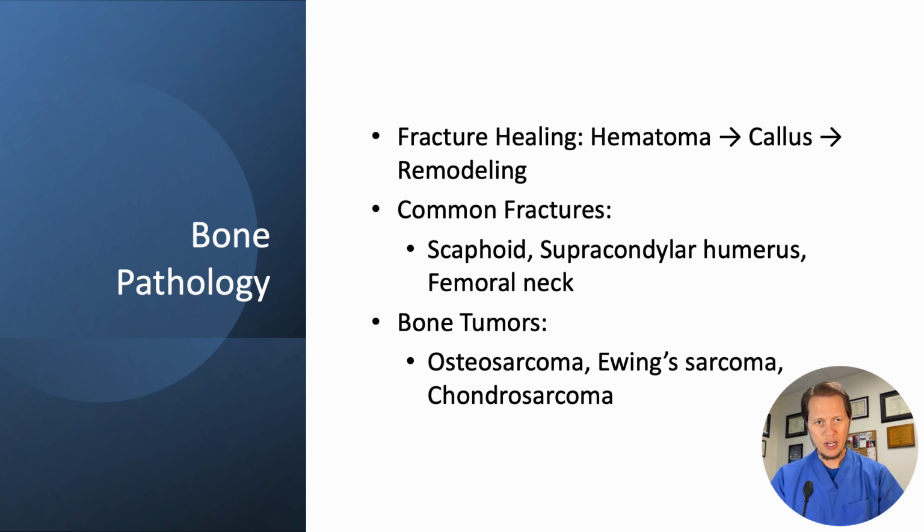Know the stages of fracture healing. They love to ask these questions, starting with hematoma, followed by callus formation, followed by remodeling. Be familiar with those high yield fractures like scaphoid fractures and supracondylar fractures of the humerus. Of course, bone tumors are very tough to know, but there are a couple very key high-yield ones like osteosarcoma, Ewing's, and chondrosarcoma.